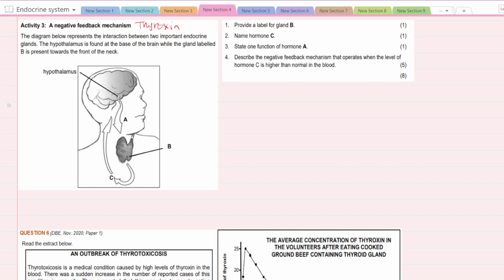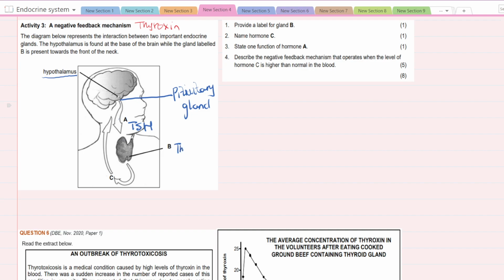Number one, there is your hypothalamus, right? And just below the hypothalamus, you must remember that you have your pituitary gland. And your pituitary gland, in the case of thyroxine, usually secretes what is known as TSH. This TSH will be secreted directly into the blood, and it will travel to the thyroid gland.